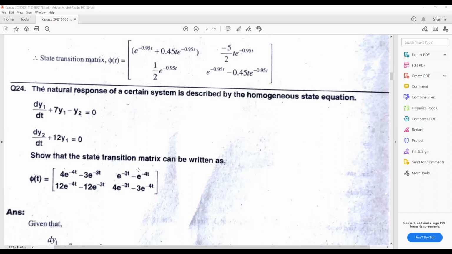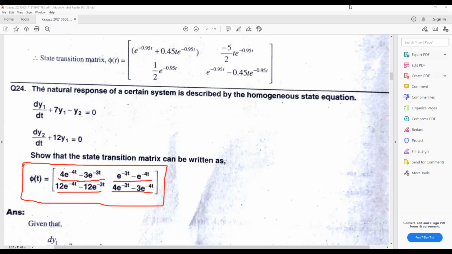Show that the state transition matrix can be written as, so show that this is the state transition matrix. Phi of t is equal to 4 e power minus 4t minus 3 e power minus 3t, and this is the second, third one, and fourth.